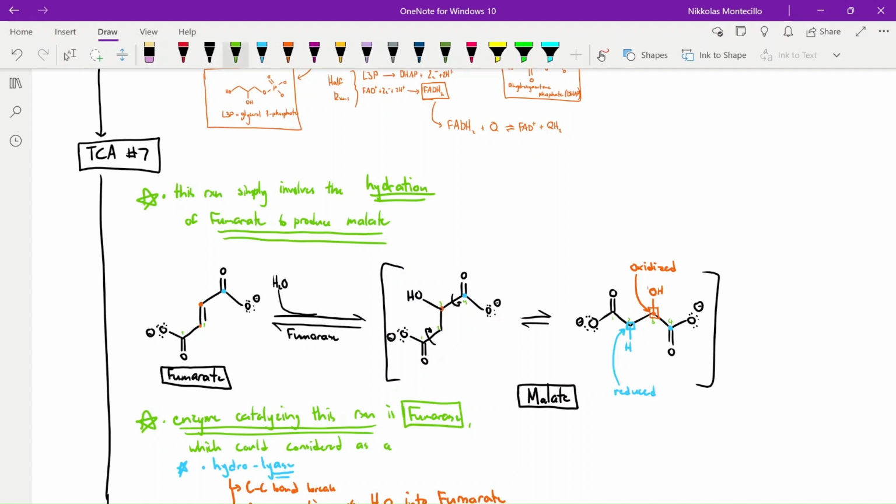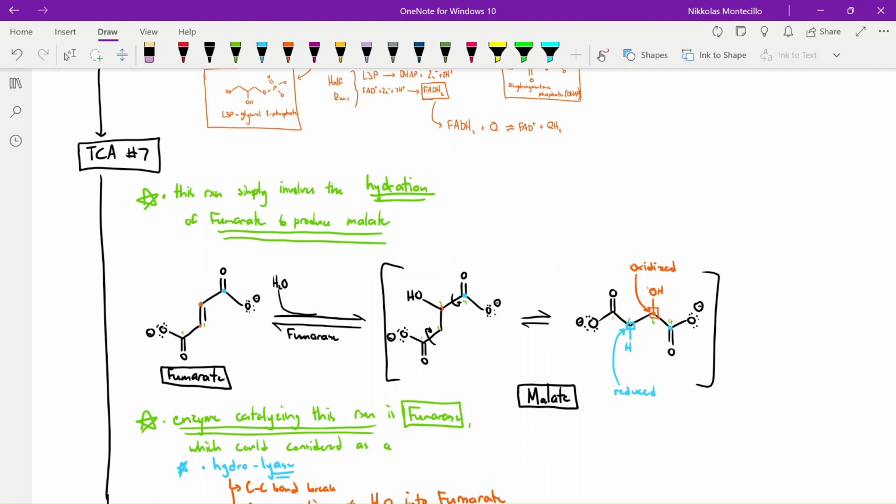Now fumarase in the reverse direction, so if we were to go from malate into fumarate in this direction, we would consider this reaction to be a dehydratase. Why is that the case? Because water condenses from this reaction, right? Water leaves malate to form fumarate, but we're not going in the reverse direction. We're going from left to right.